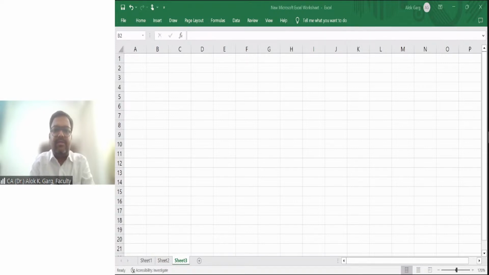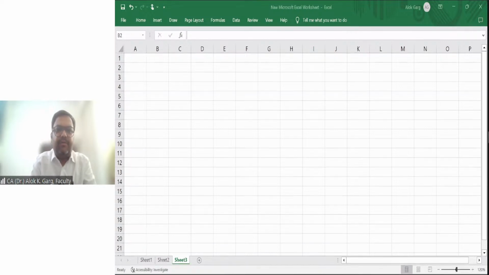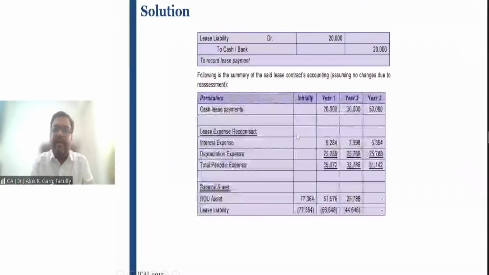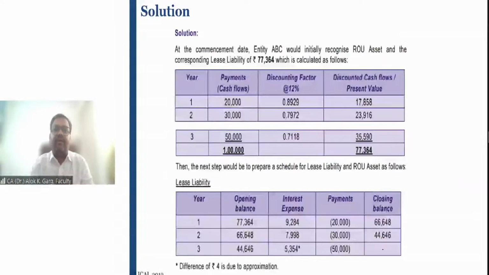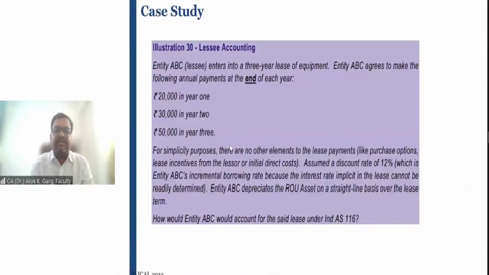I think this illustration is very simple, so instead of doing this, let me take illustration number 30 on the slides only, and I'll solve illustration number 31. That is a little complex illustration.